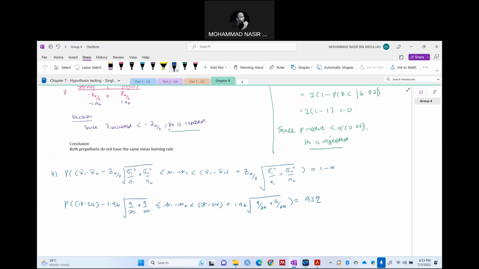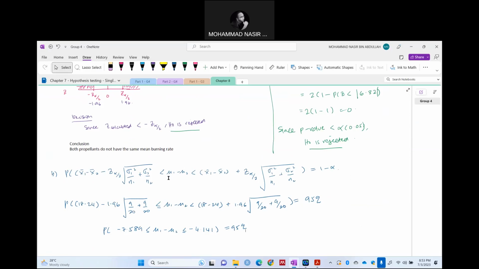So this should be the probability of negative 7.589 less than mu1 minus mu2 less than negative 4.141, equal to 95%. So what is the value of mu1 minus mu2?